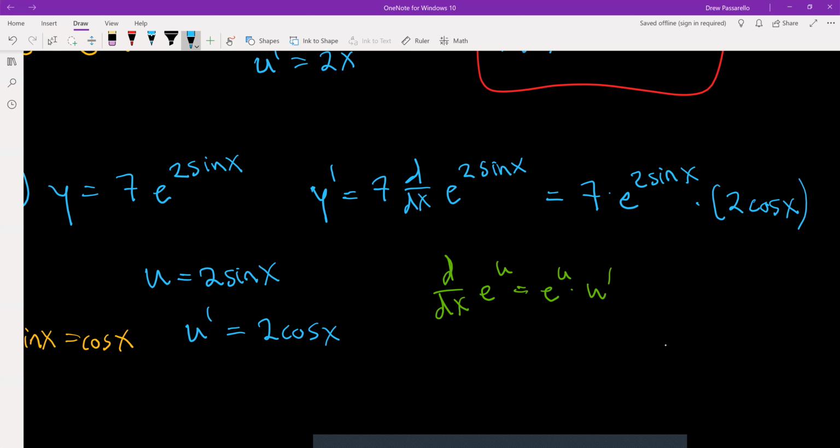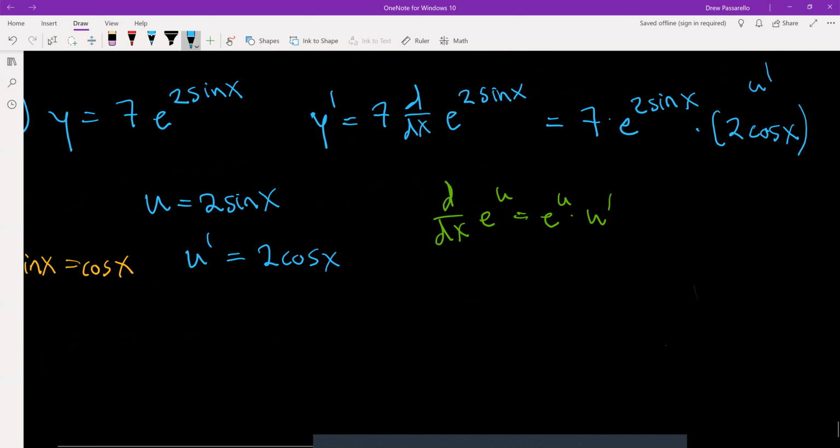All right, that's our u prime. So I do 7 times 2 is 14, and I'll reorder it so it goes cosine x before the e. Generally I like putting the e portion last. So it'd be 14 cosine x e to the 2 sine x.